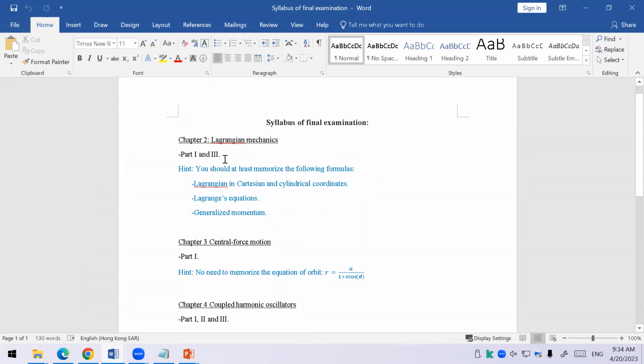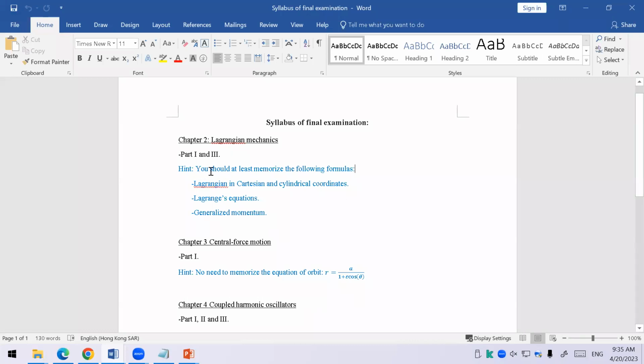I'm not going to test all the parts in every chapter. In chapter 2, I will only test part 1 and part 3. Part 2 is about the force of constraint using the Lagrange multiplier, so you don't need to worry about that in the final exam.